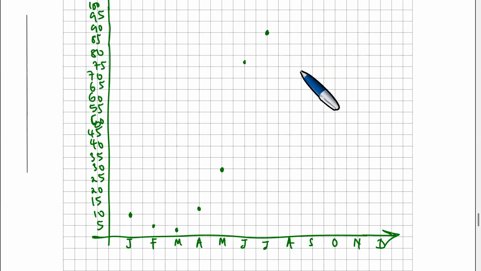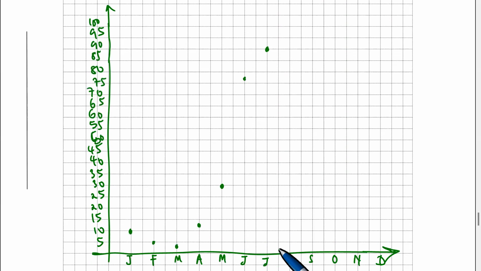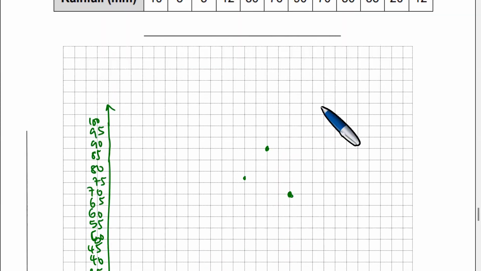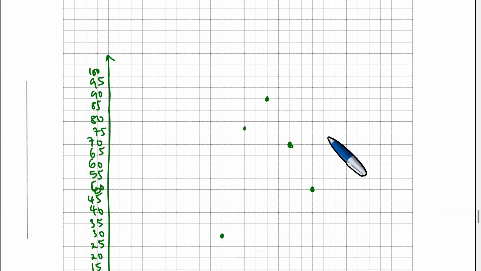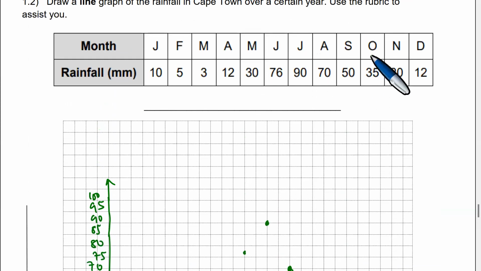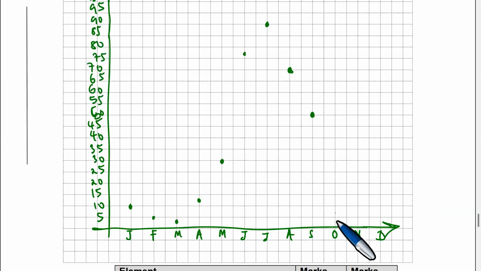August is 70. September is 50. October is 35. 35 is here.